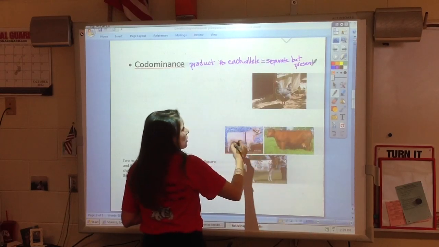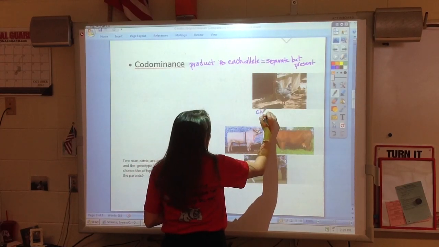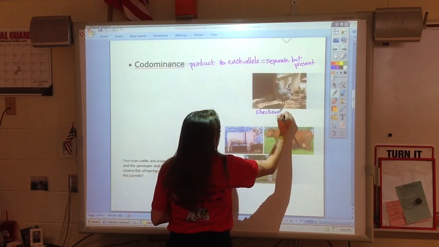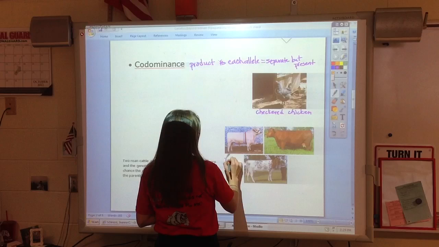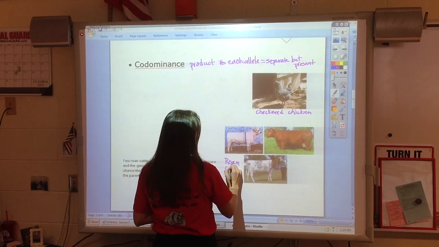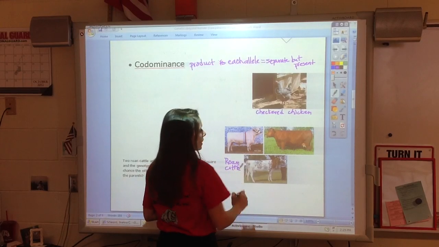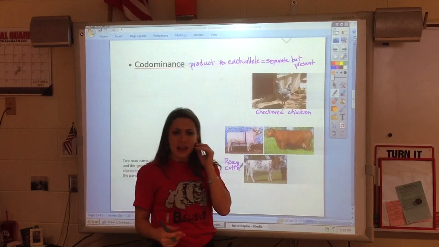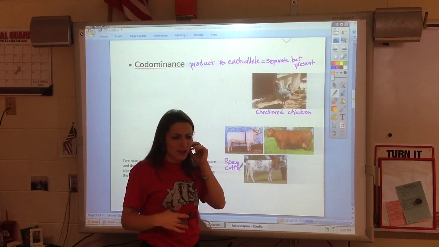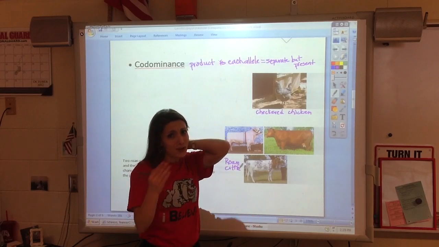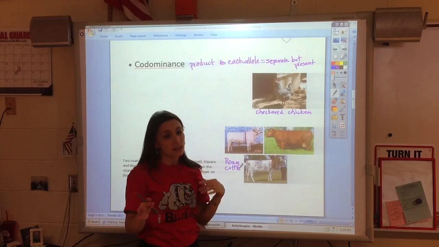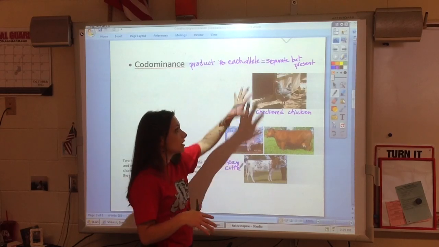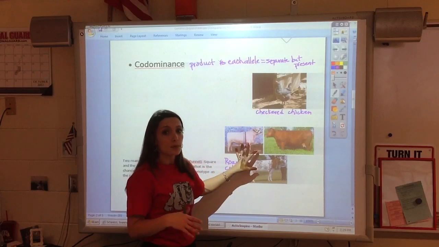So a really good example is the checkered chicken and the roan cattle, R-O-A-N cattle. So again, we could say that like Dalmatians, white and black, but if you cross two Dalmatians, you don't get all white Dalmatians or all black Dalmatians. So obviously, in Dalmatians, spotting is not this example.